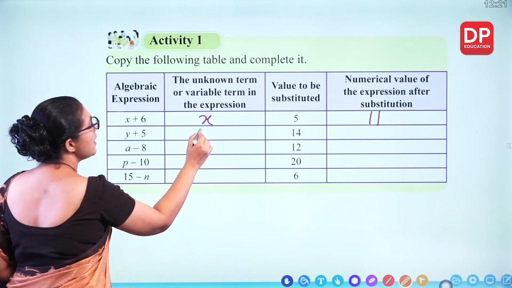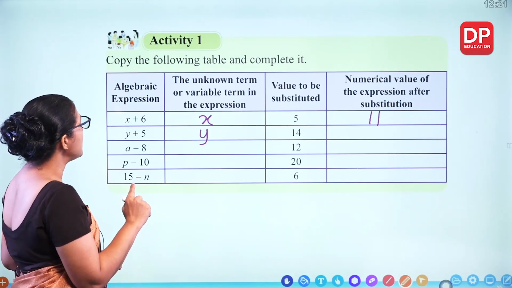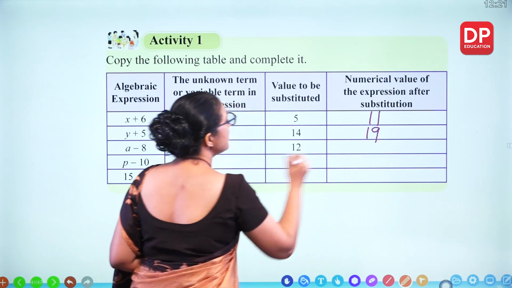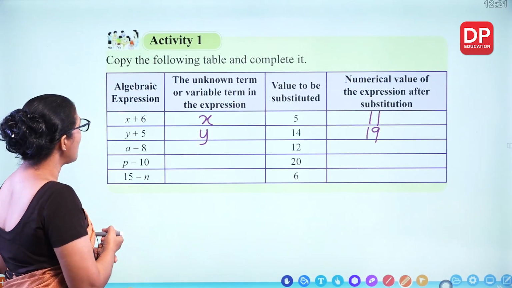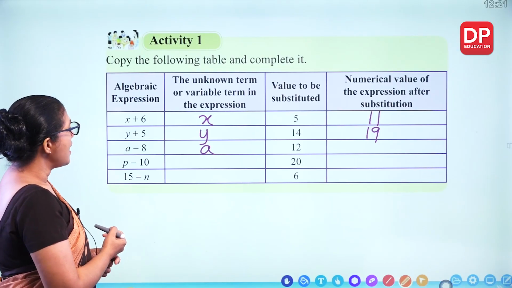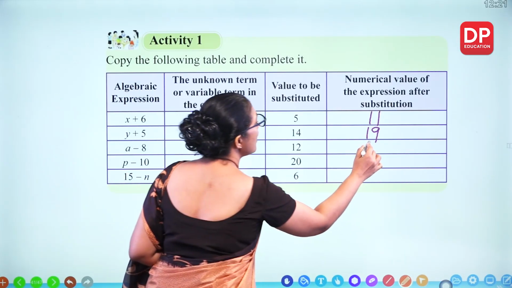What's the unknown here? That's Y. Y is 14. 14 plus 5, you get 19. What's the unknown value here? A. A is 12. 12 minus 8, you get 4.